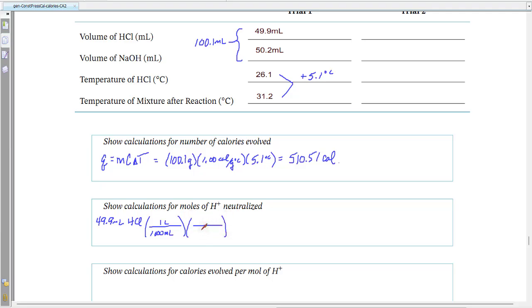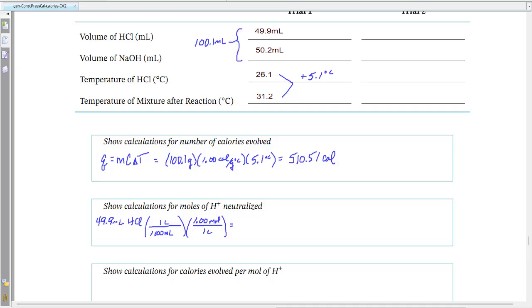Well, when we read the manual, they used a really convenient for us 1.00 molar solution. That's 1.00 moles per liter. Okay, and since HCl is a monoprotic acid, I'm going to get 1 mole for every mole of the molecule here.